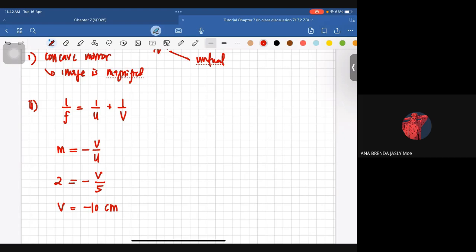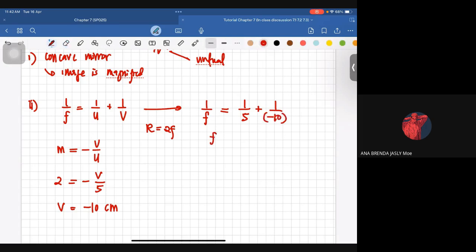Okay, so from here kita boleh terus substitute di sini untuk cari R, which is basically 2F lah. R is equal to 2F. Apalah, kita cari F dulu lah. Okay, so from here 1 over 5 plus 1 over negative 10.